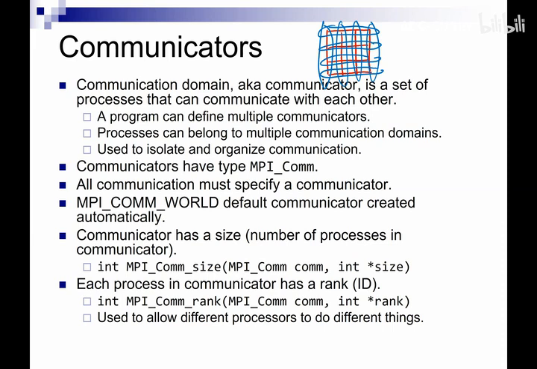If your communicator has 100 processes, then your rank is going to be a number from 0 to 99. The reason the rank is useful is that it lets you differentiate between different processes, so that different processes can do different things. Even though everybody's running the same program, they do different things based on their rank.